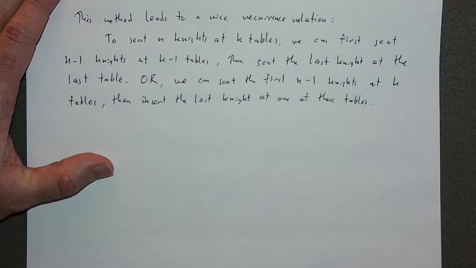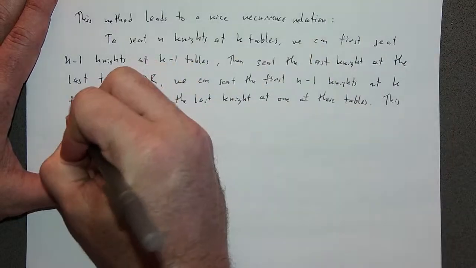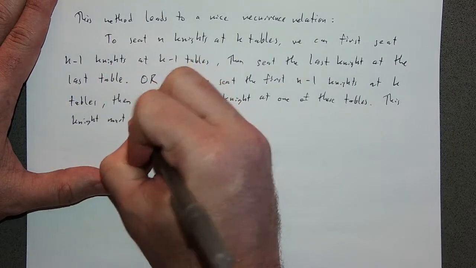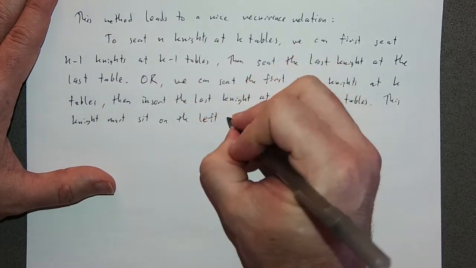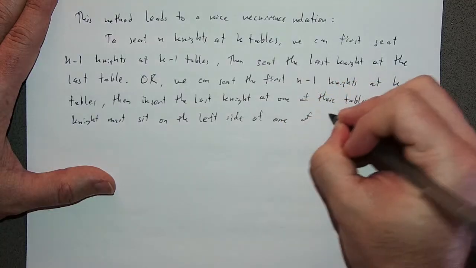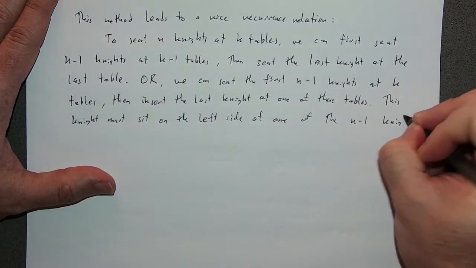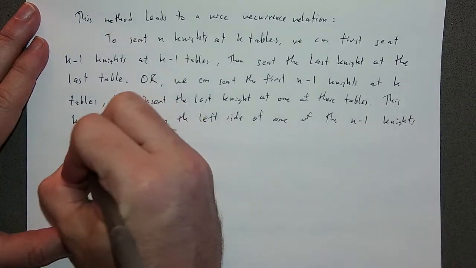Okay, this night must sit on the left side of one of the other n-1 nights. So this night sits on the left side of some night, one of the n-1 nights already seated.